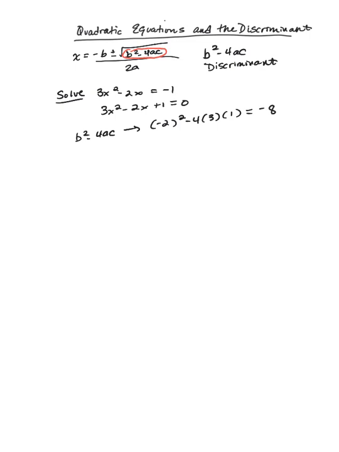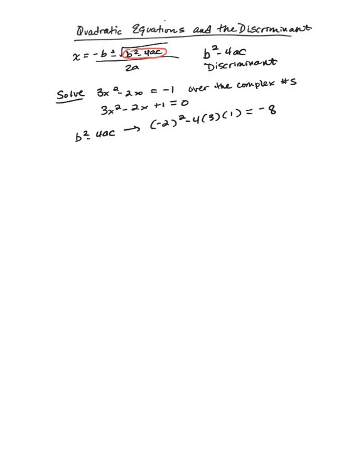So this tells me that there's going to be 2 imaginary roots. Okay, so I'm solving this equation over the complex numbers, which is the set of reals along with the set of imaginary numbers.